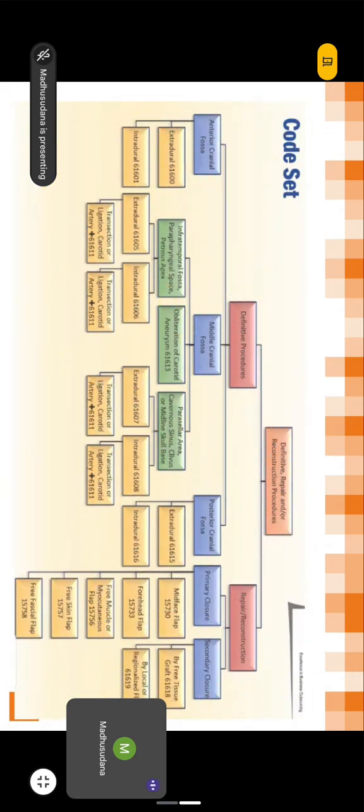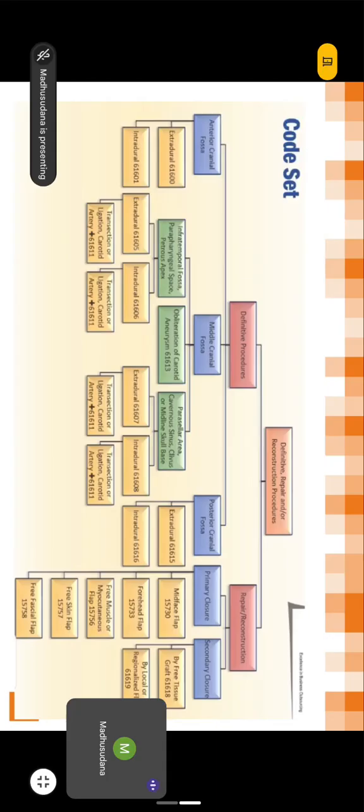So these are definitive procedures, what the doctor can do. Second procedure. Okay, there are definitive procedures in the anterior, middle, and posterior again. And repair and reconstruction: primary closure and secondary closure. Primary closure, all the integumentary system, the 15,000 series for the flaps. If it is a secondary closure, we have the 60,000 series.